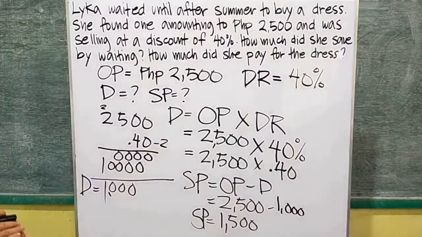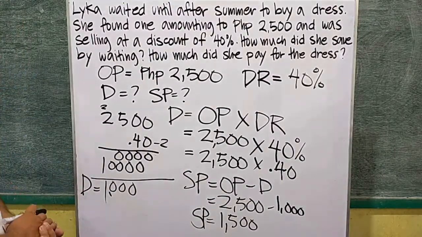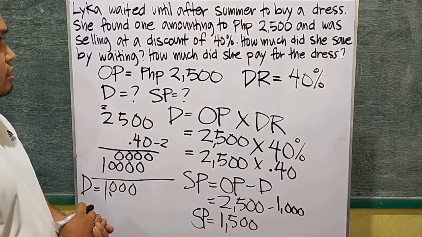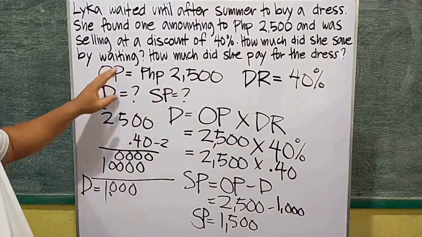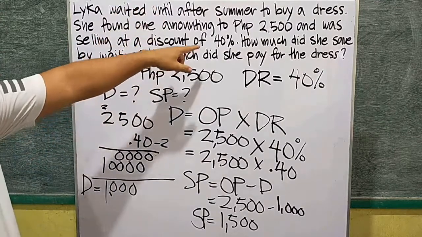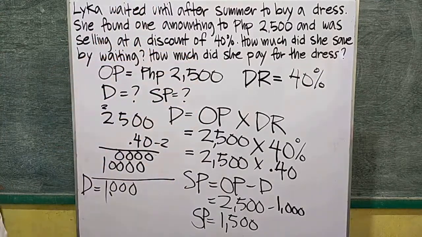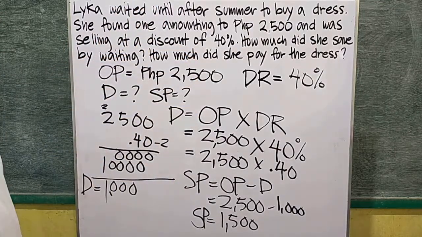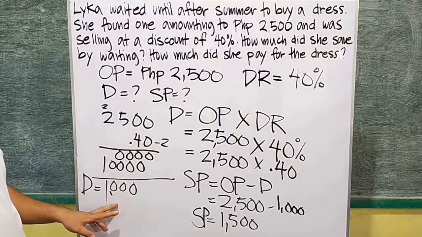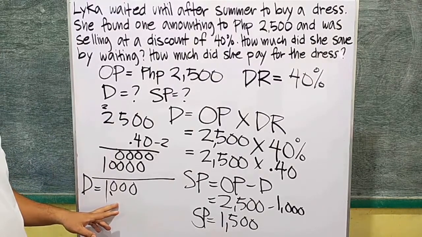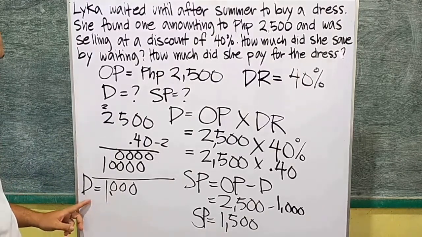Now, to answer our question: how much did Laika save by waiting for the dress to have a 40% discount rate? She saved 1,000 Philippine pesos for the discount.